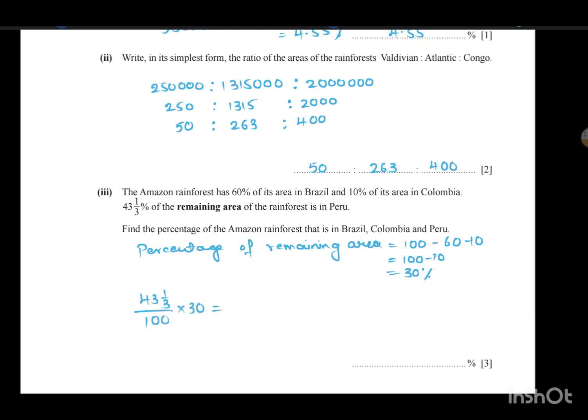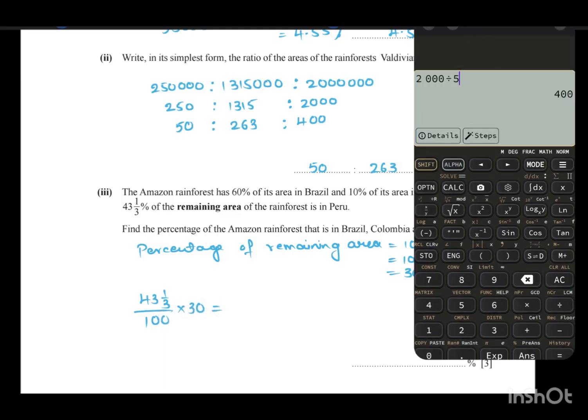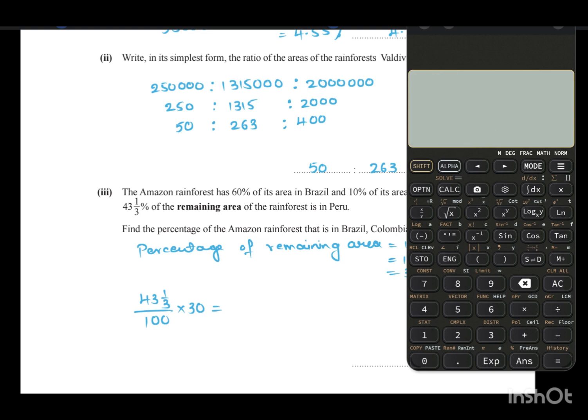So I'll find out that. You can do that directly in the calculator. Into 30, wait, let me multiply this with 30.